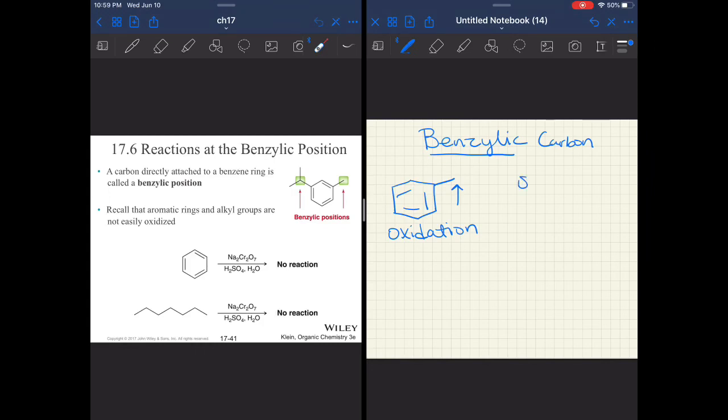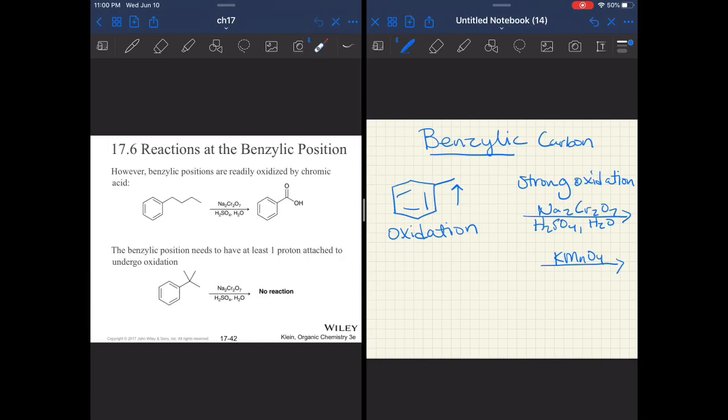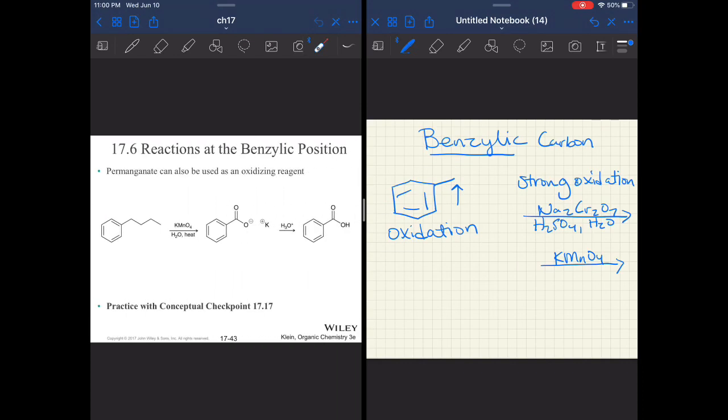We're looking at strong oxidation reagents, right? So like a PCC is not going to work. Sodium dichromate in acid with water is my go-to. One that you might also see in some of your practice would be something based on KMnO4. I can't remember if that is in this slideshow. Yep, there it is.